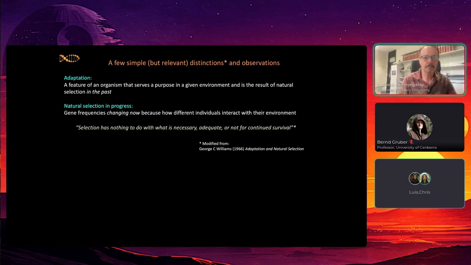Natural selection, and this is a very bold statement here, has really nothing to do with what's necessary, adequate, or not for continued survival. The analogy here is like a game of poker.